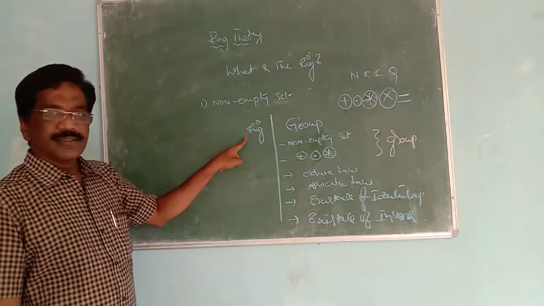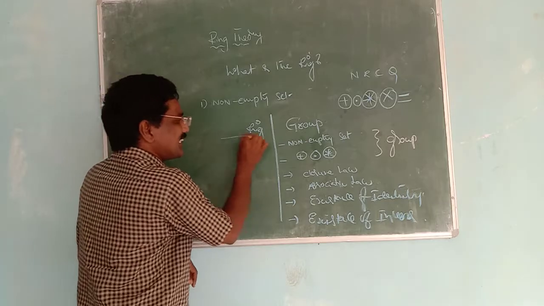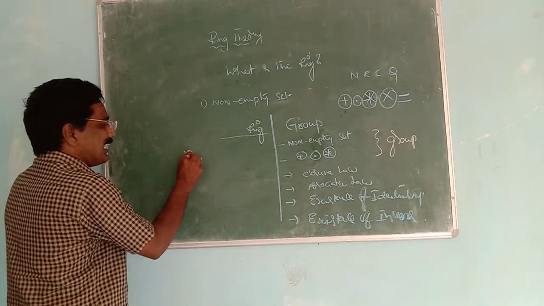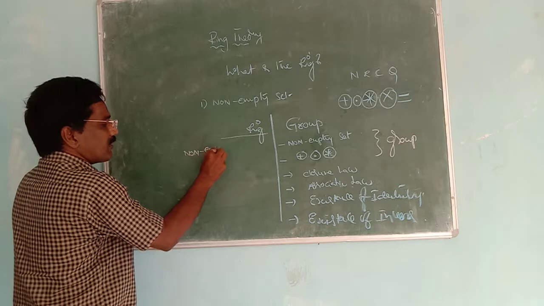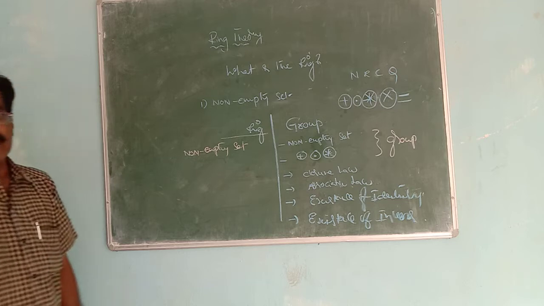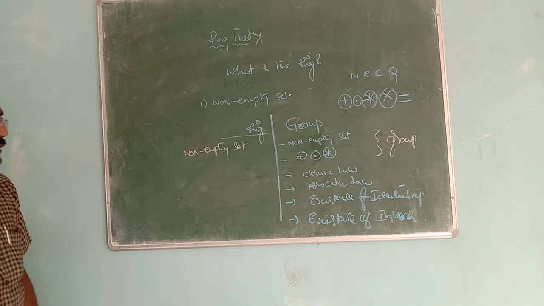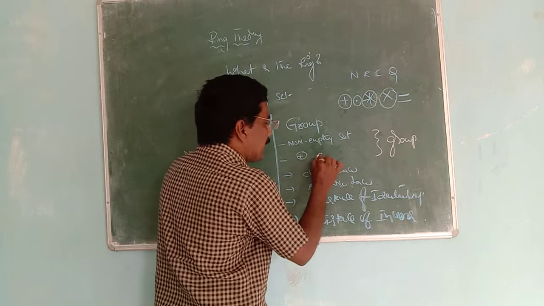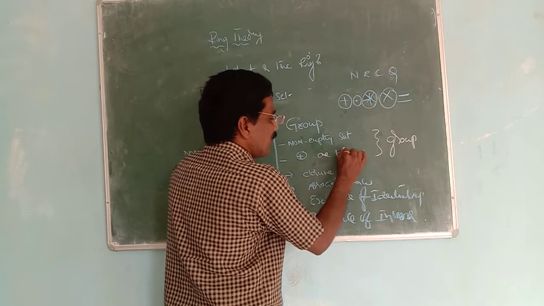What is the ring? Now we have to take any non-empty set. In the group, only one binary operation is used.